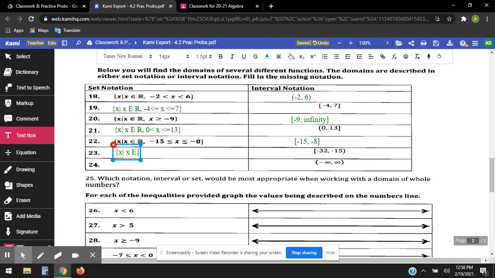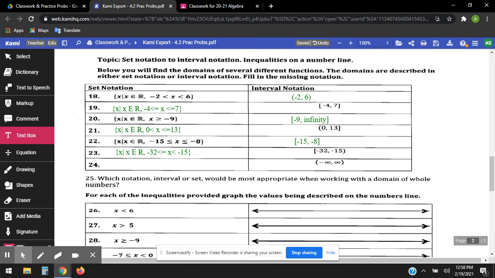X is all real numbers. And then -32 is my first one, and it's less than or equal to my x. But my x is just less than -15. So just the one symbol there.